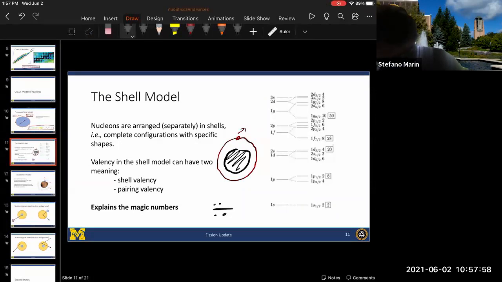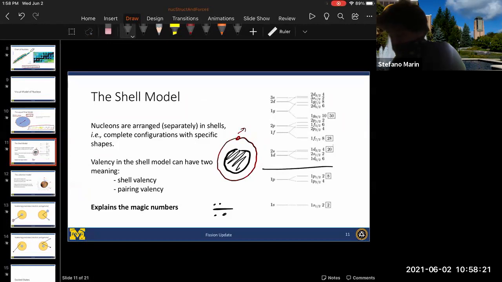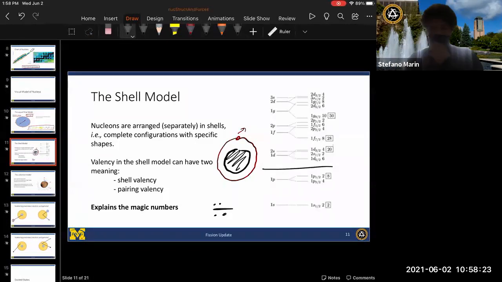So in order for the nucleus to get to another interesting condition where everything is paired up and neutral, imagine one thing going in one direction, the other thing going in the other direction. Overall, the picture is neutral. In order to get that state, I need to add not two protons, but I need to add 6 more. And that's why the second magic number is 8.